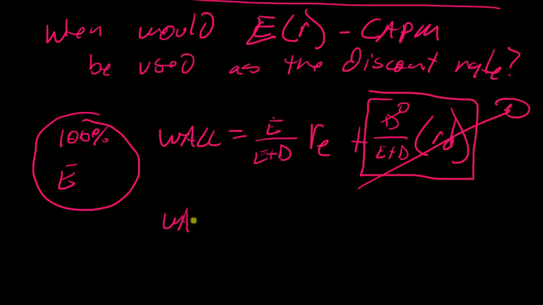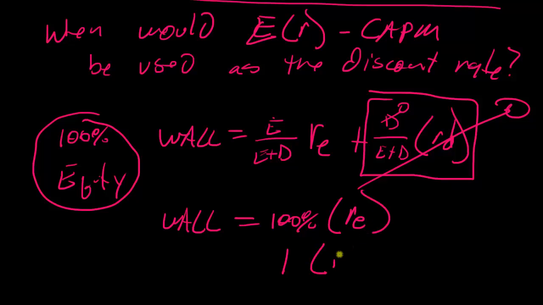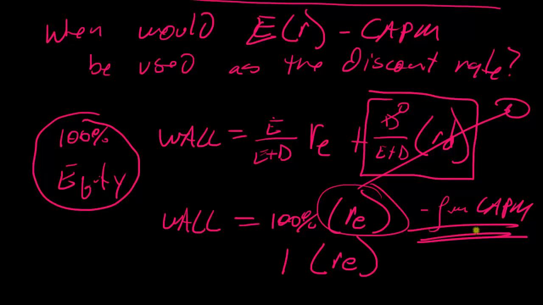So the WACC, when I am 100% equity, is just 100%, or the number 1 times the rate of equity. So what happens to this rate of equity? This rate of equity is calculated from the CAPM. It's a bit of a trick question there, something to keep in mind.